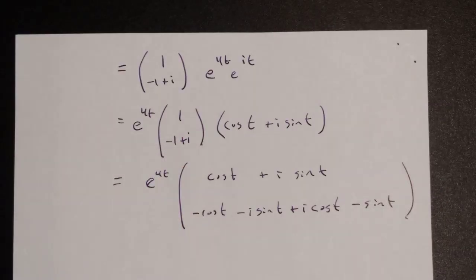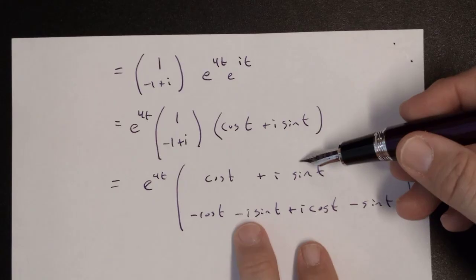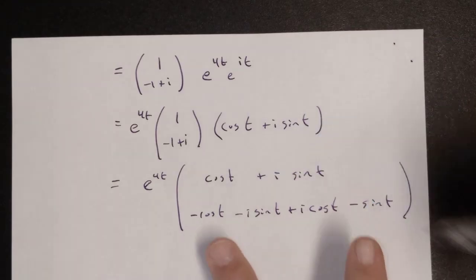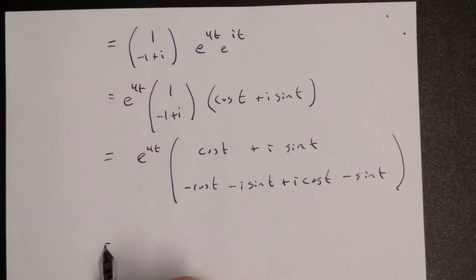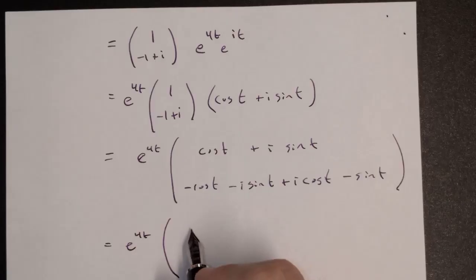Please notice, there are 3 parts that are real: 1 in the top row and 2 in the bottom row. There are 3 parts that are i's: 1 in the top row, 2 in the bottom row. I'm going to split this into 2 vectors. In the first vector, I'm only going to put the real parts.